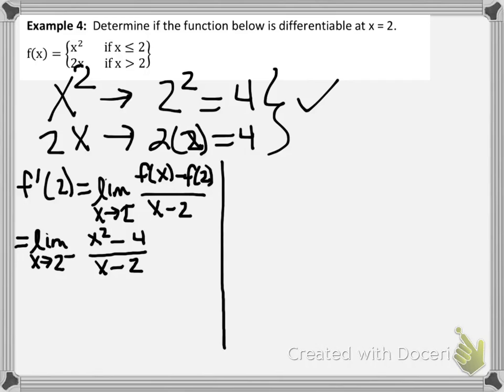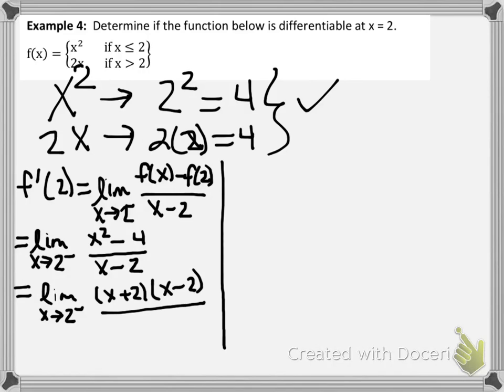Well, you should start noticing what happens here. This is a difference of 2 squares. So I have the limit as x approaches 2 from the left of x plus 2 times x minus 2 over x minus 2.